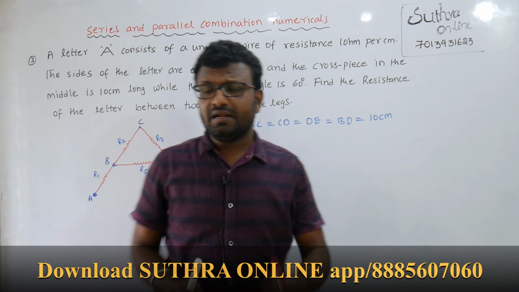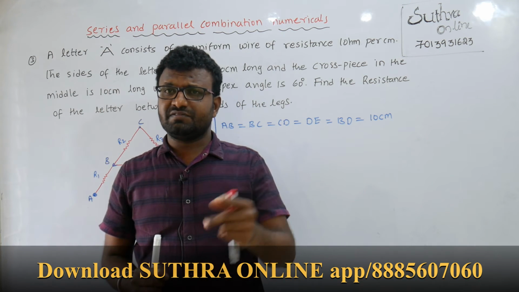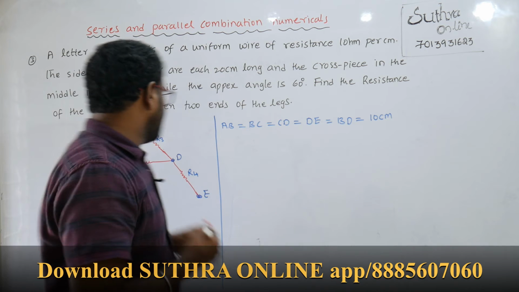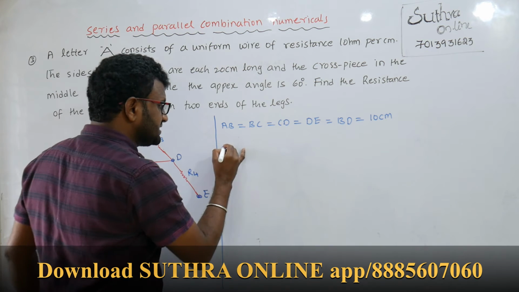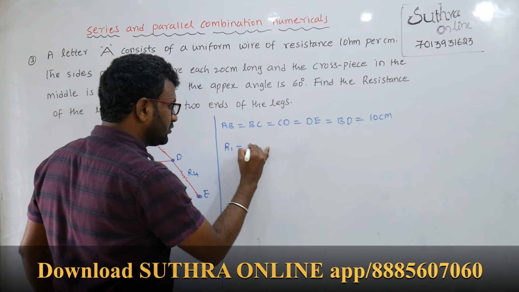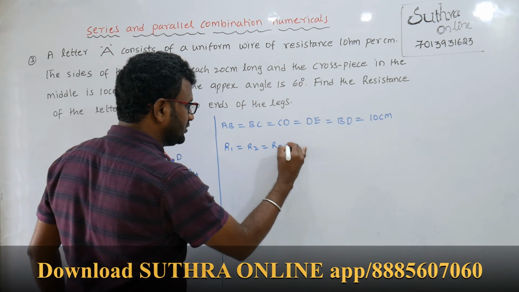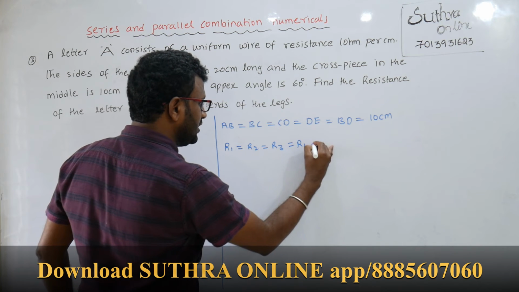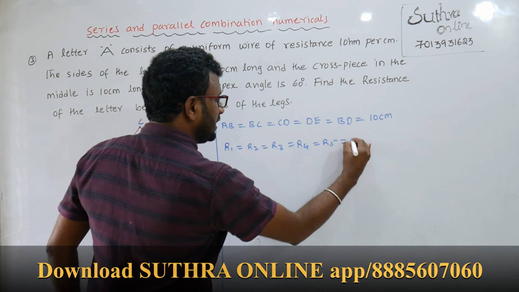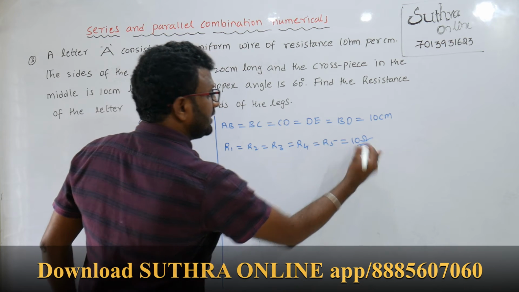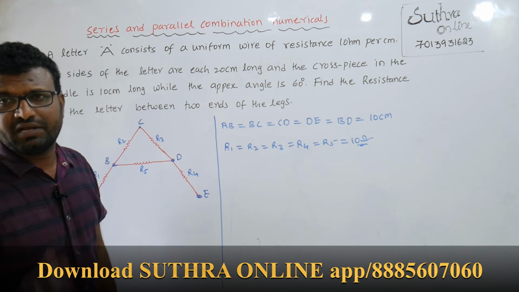That means R1 is equal to R2, equal to R3, equal to R4, equal to R5, and the resistance of each is 10 ohms.